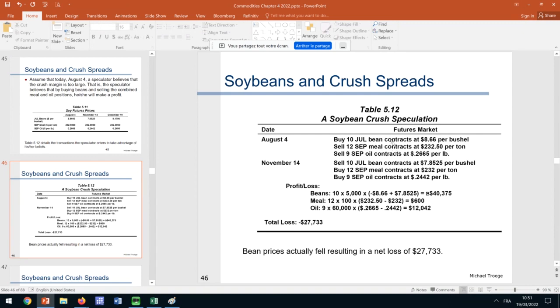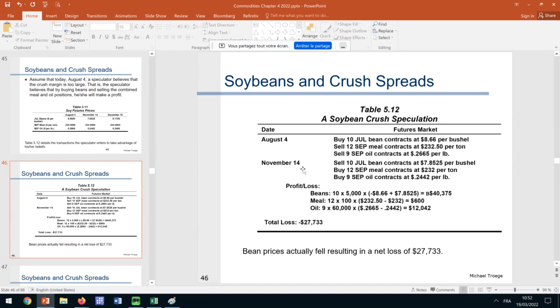So we have to buy the input at 8.66 per bushel. Remember, we buy 10 contracts, and we know that this corresponds to 12 meal contracts and 9 oil contracts. And again, we have these prices. This is all in the previous year, because we look at the futures prices and we think these relationships are not correct.